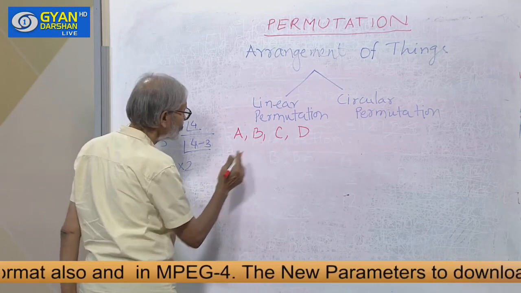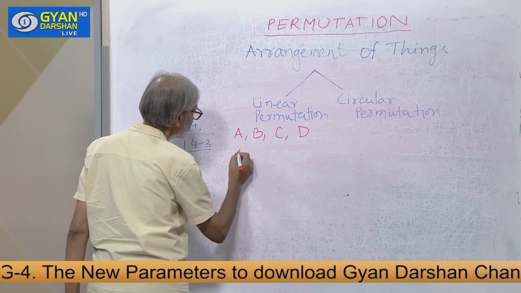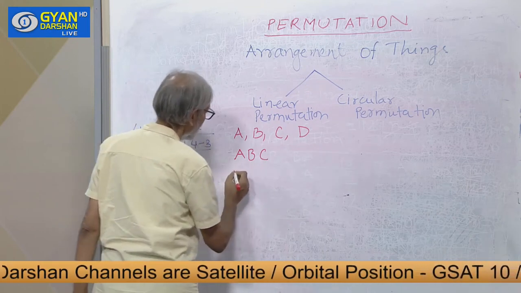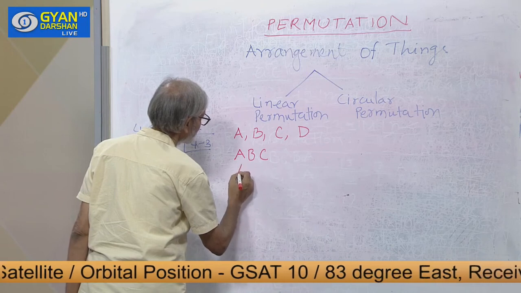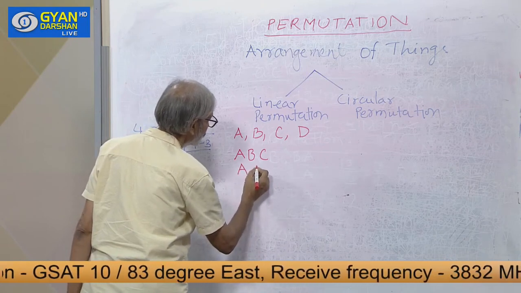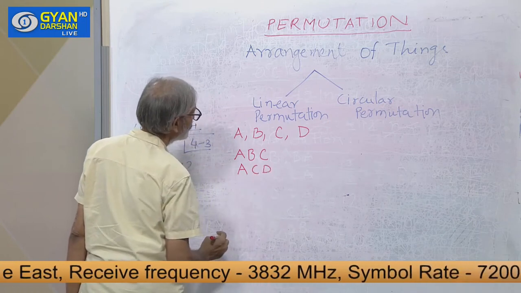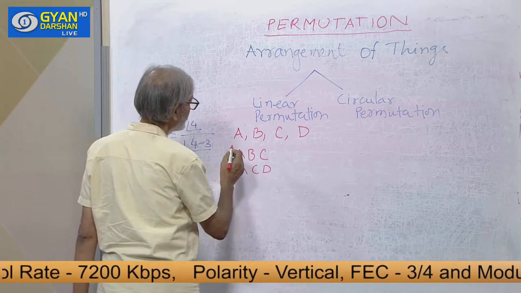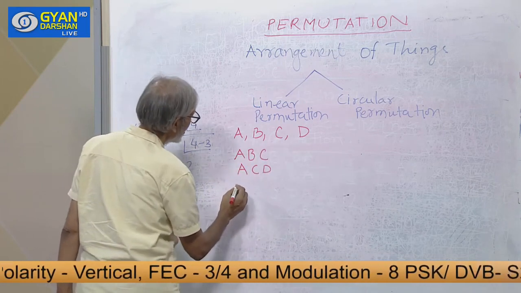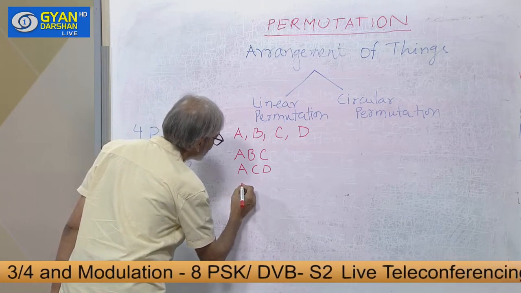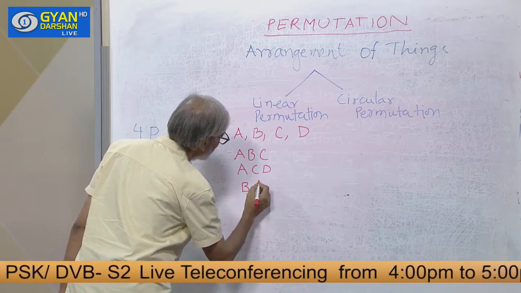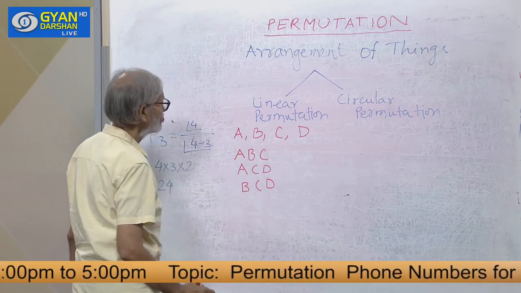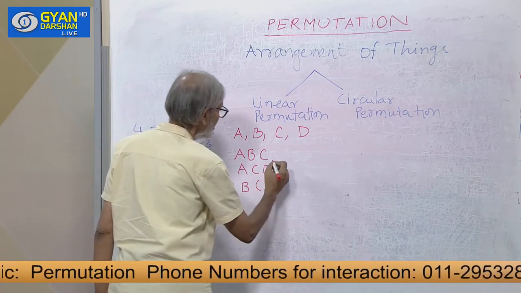Now, in how many ways? You just visualize. Let us take A, B, C. Another combination can be A, C, D. Then another combination can be B, C, D. Now, with the combination A, B, C, how many can we make?